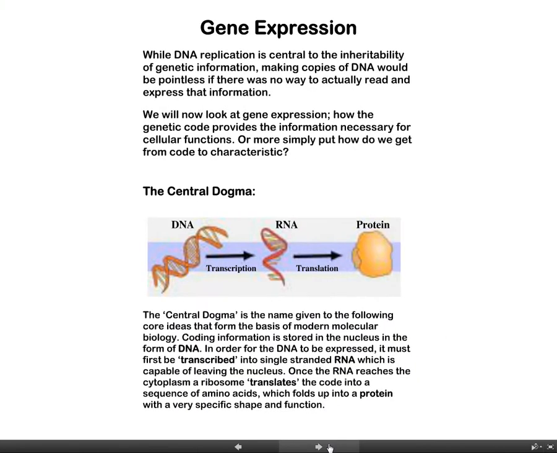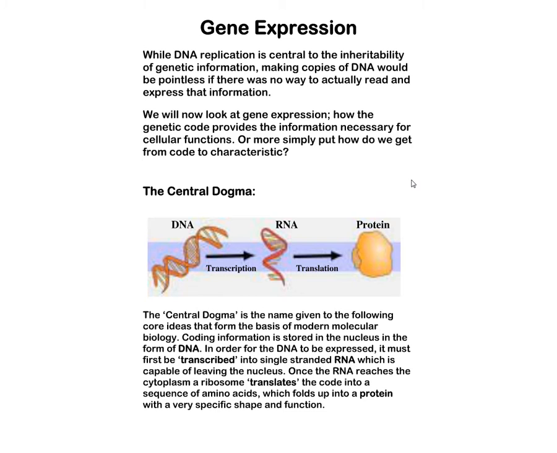So, gene expression. We can't talk about gene expression without looking at the central dogma. Gene expression is the term that's usually used when we're talking about what genes do. And gene expression follows a couple of simple steps, and this is called the central dogma of molecular biology, because it's so fundamental to molecular biology.